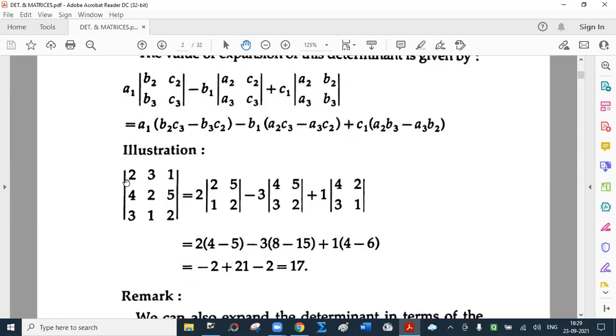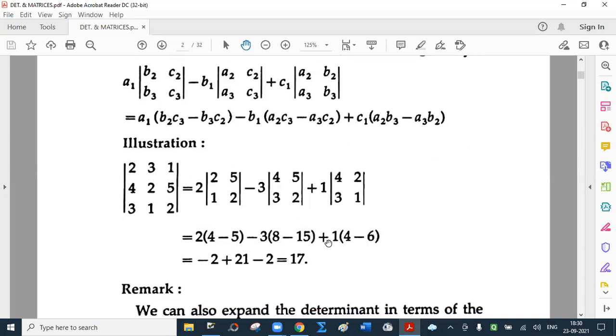Here is an example. 2 into omit first row, first column: 2, 5, 1, 2. Now what is the value of this? 4 minus 5. Minus 3 into omit first row, second column: 4, 5, 3, 2. So 8 minus 15. Then plus 1 into omit first row, third column: 4, 2, 3, 1. Value is 4 minus 6 rather.